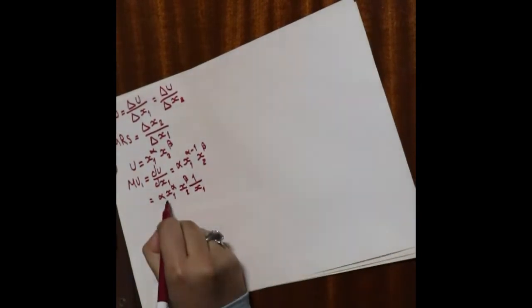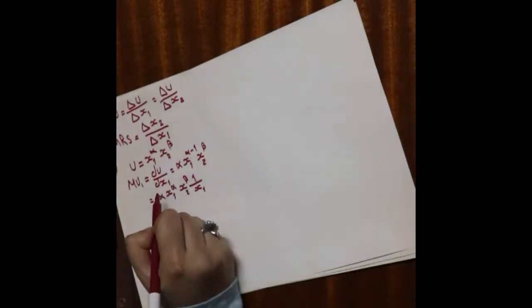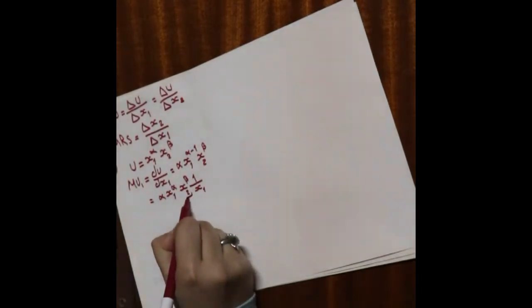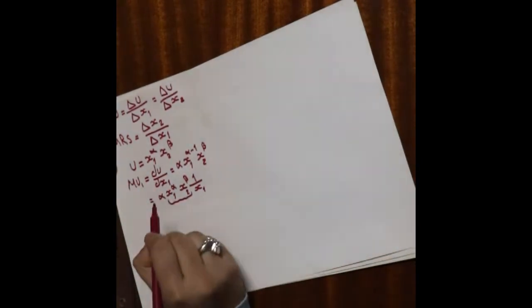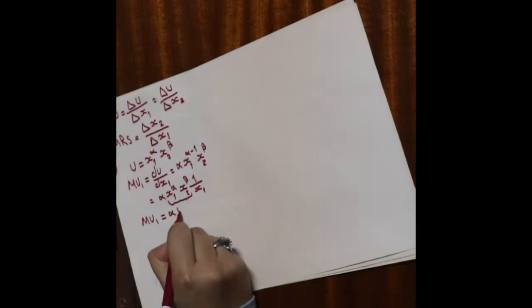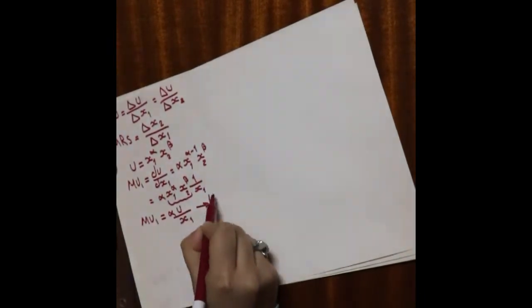We have U equal x1 power alpha multiplied by x2 power beta, so we put this part as U. The marginal utility MU1 equal alpha U over x1. This is the first equation.